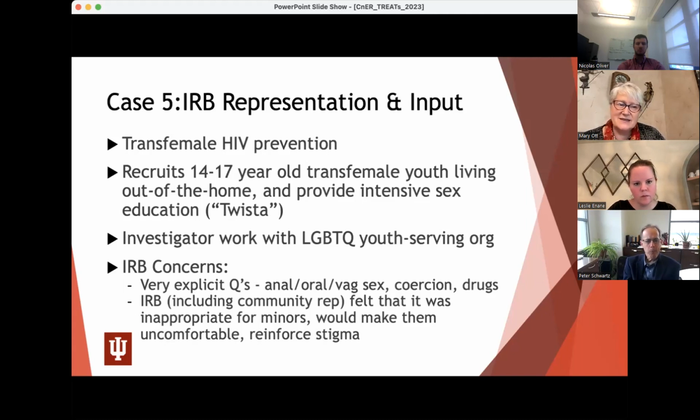He sent it to the IRB, and in the initial review, they had enormous concerns because there were very explicit questions about anal, oral, and vaginal sex, sexual coercion, and drug use with sex. The IRB, including their community rep, felt that it was inappropriate for minors, worried about making the minors uncomfortable and reinforcing the stigma that the young people would have.